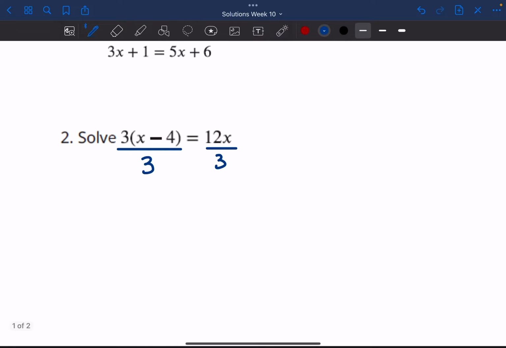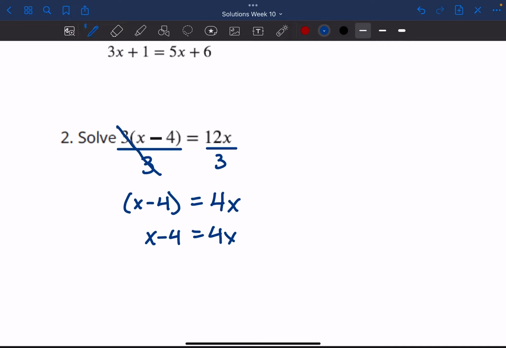So when we divide by 3 on the left, the only thing we have left over is x minus 4. And that was on purpose. We intentionally had those cancel out. Now on the right-hand side, 12 divided by 3 is 4, and the x would remain, so we would have 4x. From here, we don't have very far to go. We can actually just drop our parentheses and say this is x minus 4 equals 4x.